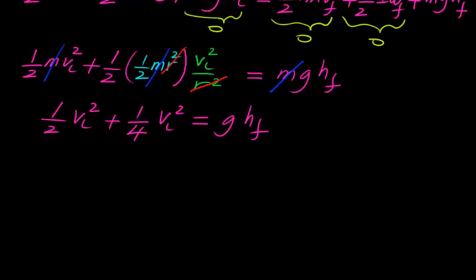The common denominator between the half and the quarter is 4. Therefore, the left-hand side is going to equal 3/4 v initial squared. That is going to equal gh final.